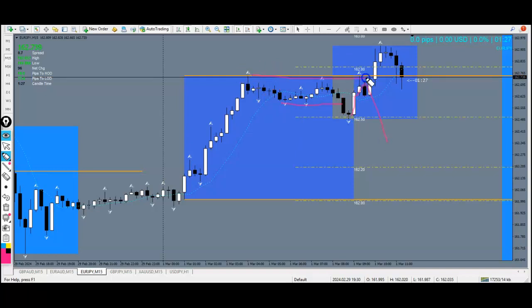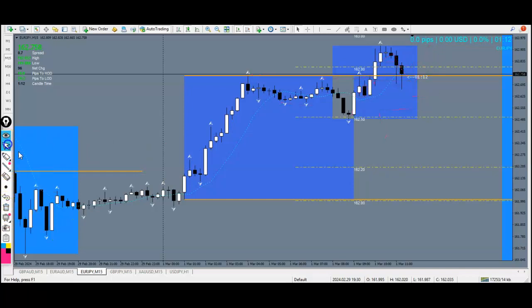As soon as we got this close above this high, we would have entered a buy here, but obviously we'll be waiting for price to come down, then go back up. So this is actually a good time to buy anytime here, anywhere in here, as long as it does not close below here. If it does come back in here, we'll place a pending order to see if it will go up.